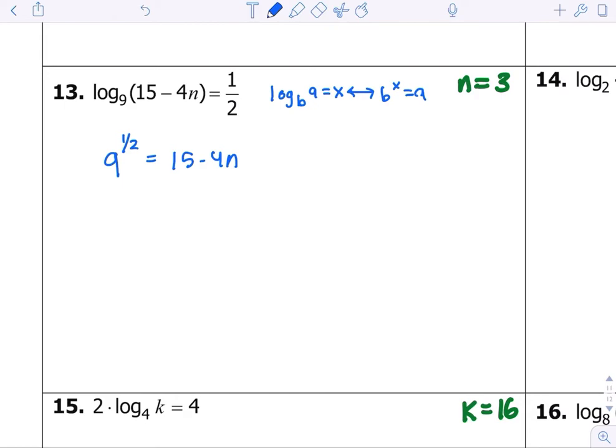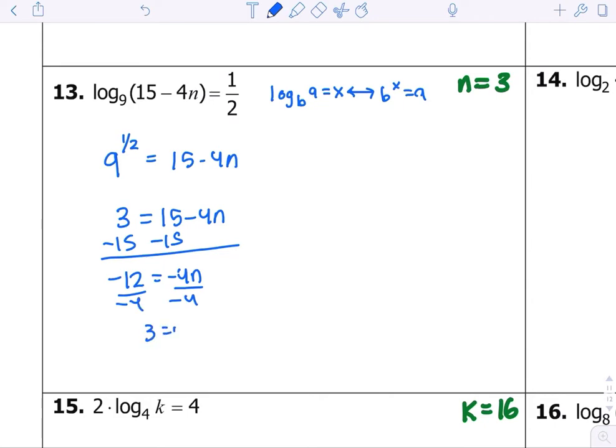So square root of 9 is just 3. And then you just solve for that. So divide both by -4. 3 is equal to n. Plug that back into here, and you're going to get 15 minus 12. So that looks pretty good. So n is going to equal 3.